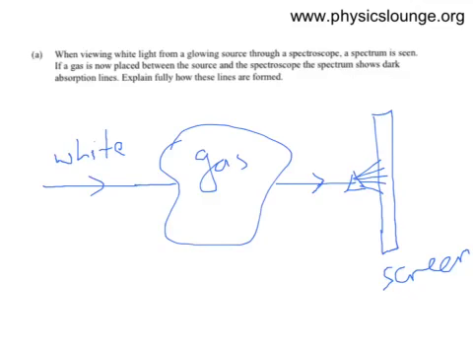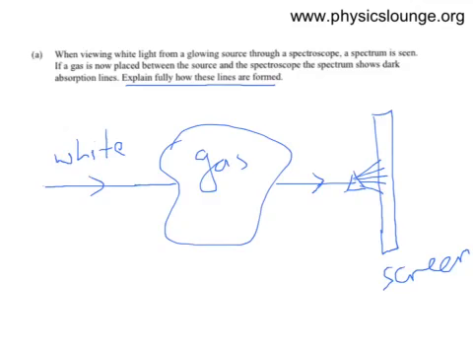The setup's not so important, but we're to explain fully how these lines, how they appear on the screen, are formed. Now, usually you would have, say, light from a distant star being directed, not through the gas, but onto the screen of the spectroscope, and the spectrum produced from that light tells us about the composition of the star.